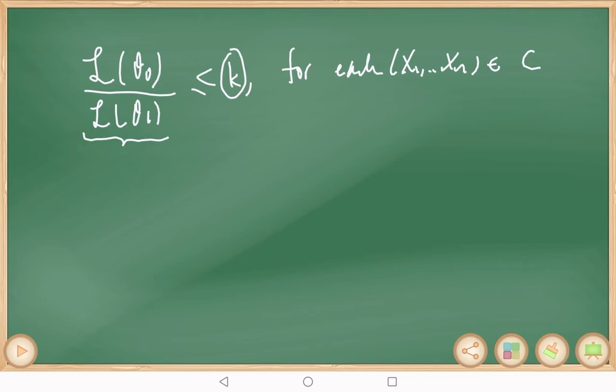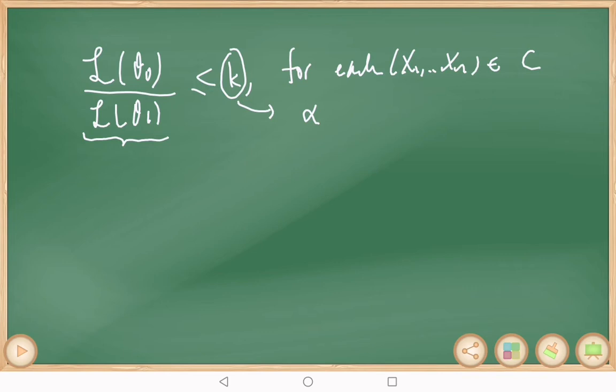So as long as we can find some k such that this ratio is sufficiently small. Now this k is dependent on your alpha, okay? It's dependent on the level of significance, which is the probability of committing type 1 error, okay? So this k is dependent on alpha.